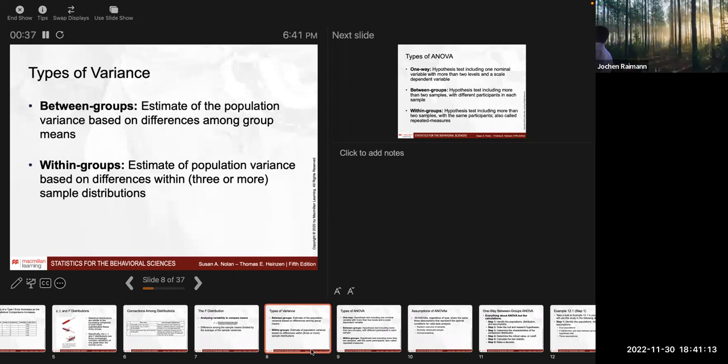So we have types of variance. There's a between groups and the within groups variance. Between groups are different groups, and we're comparing different groups where you basically have independent groups. So each participant is in one group, so no repeated samples.